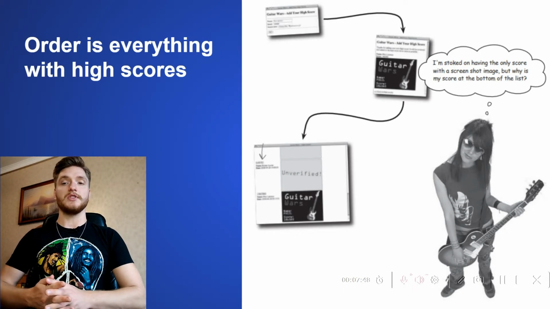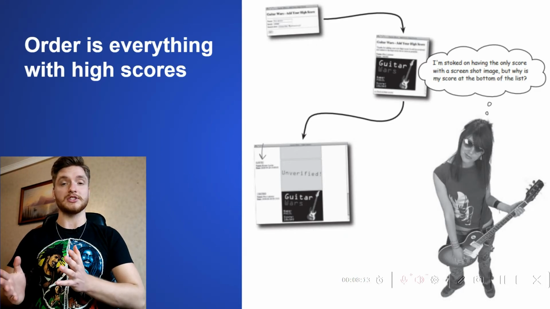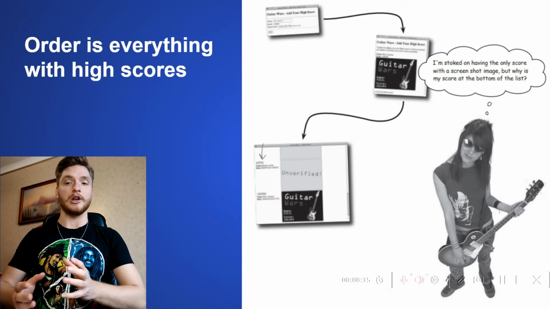It's true, the scores aren't in order, they are being displayed in whatever order they are stored in the database, which is entirely arbitrary. You should never rely on the order the data is stored in the database unless order truly doesn't matter. In this case, it does, so we need to impose some order on the query results.